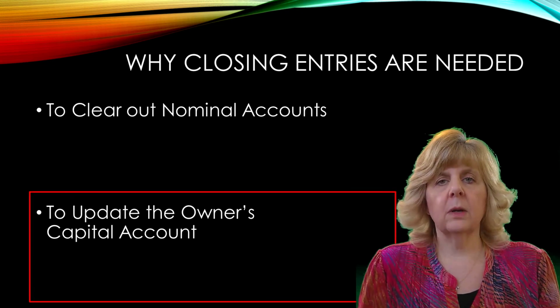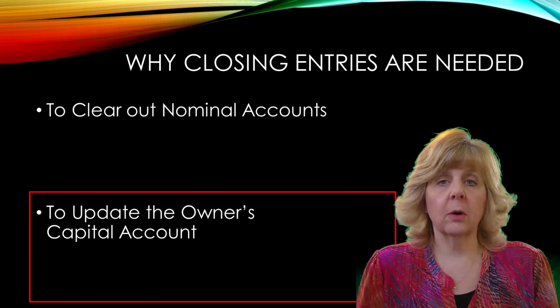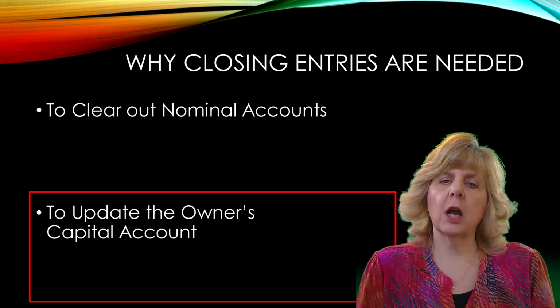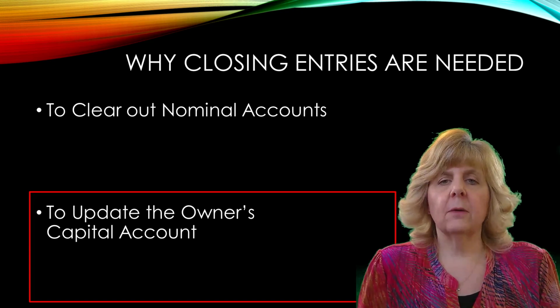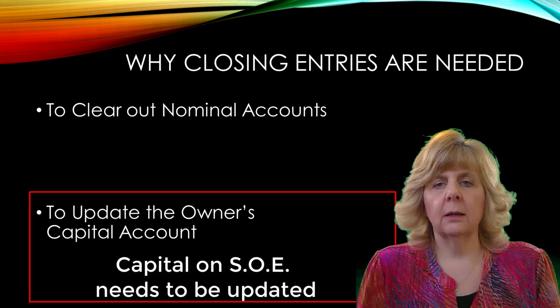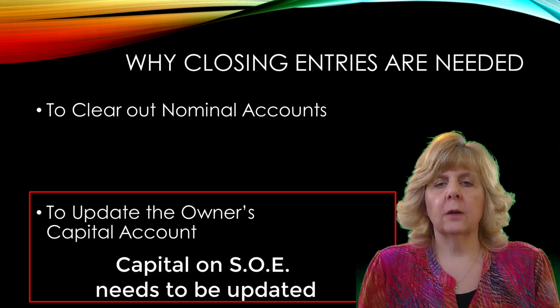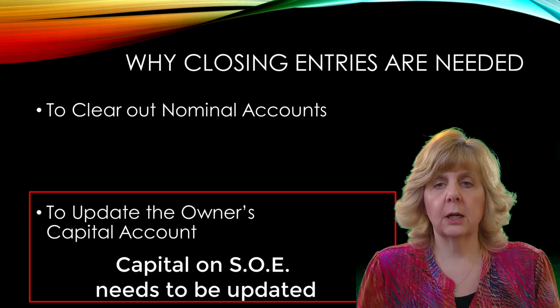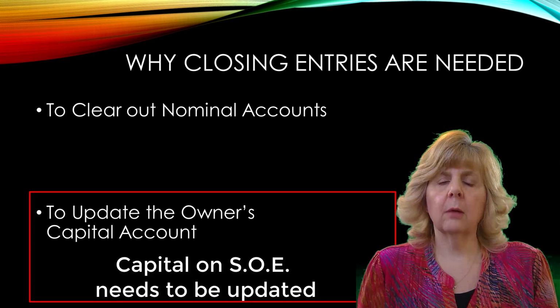The second reason that we perform the closing process is because, as you saw in the last chapter, the statement of owner's equity had a capital balance on it that didn't match the capital balance in the general ledger or on the worksheet. This creates a problem.